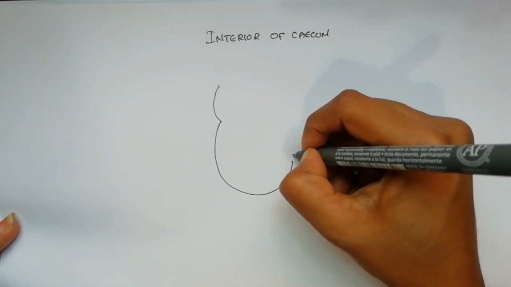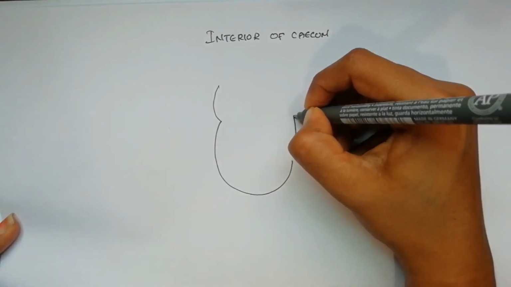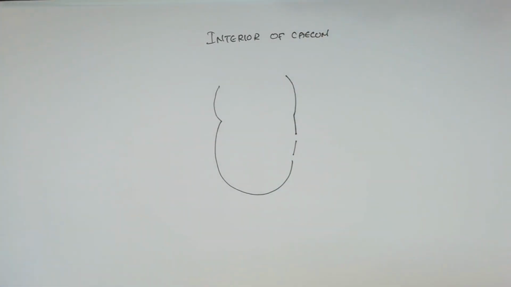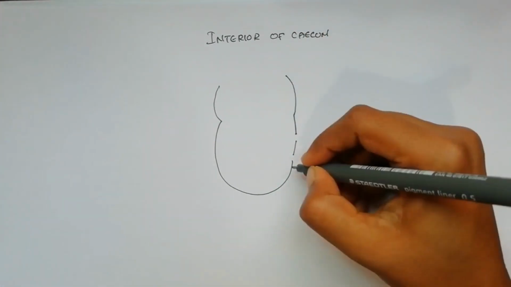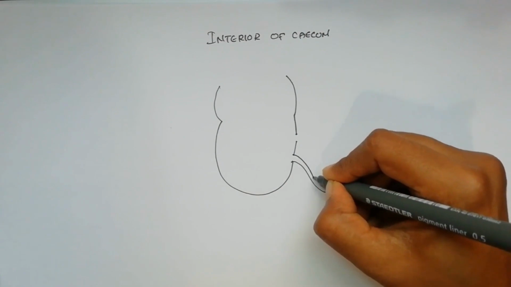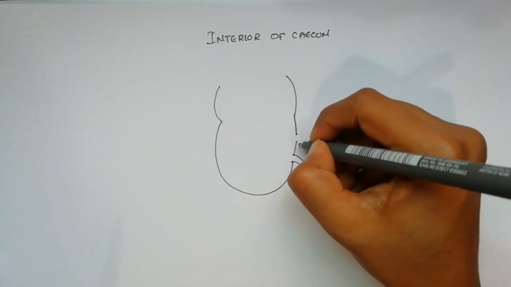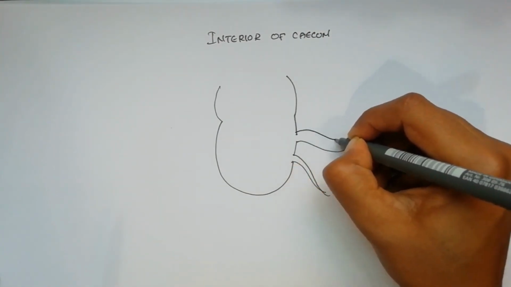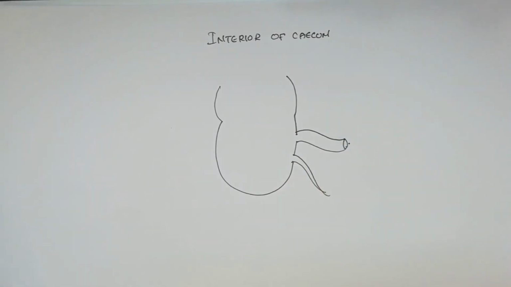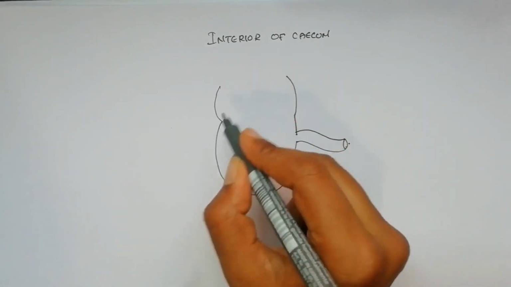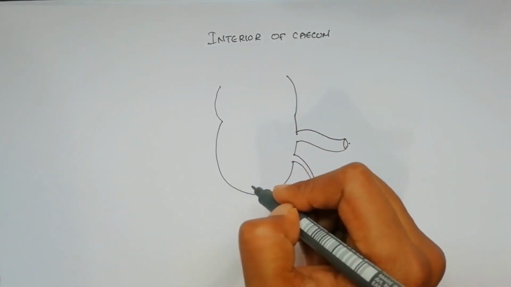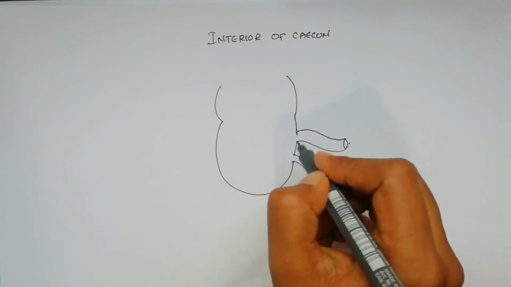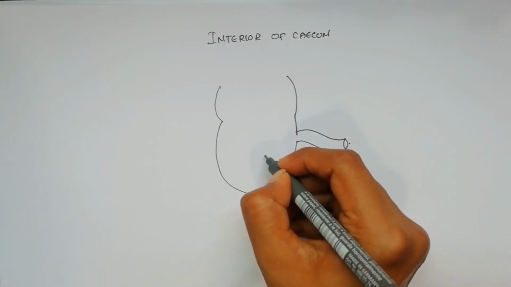we have got cecum. So like this we have got cecum. In this we have got our appendix over here, and here we have got our ileum. So now in the interior we will be having some folds, that is mucous folds will be seen. Along with this we have got two orifices placed.